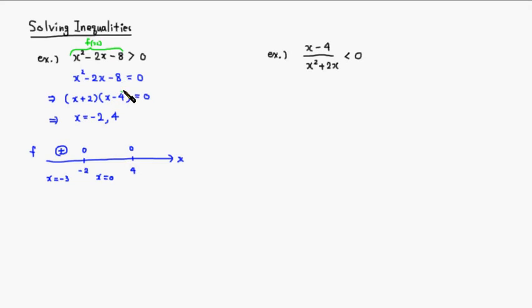So you're going to have a positive here. Then 0 minus 4 is negative. Positive times negative is negative, so on this interval, function f is always negative.